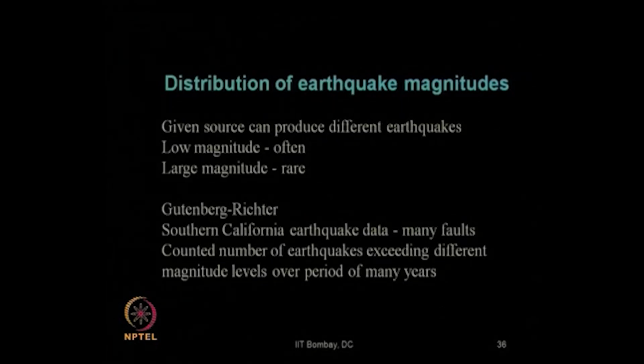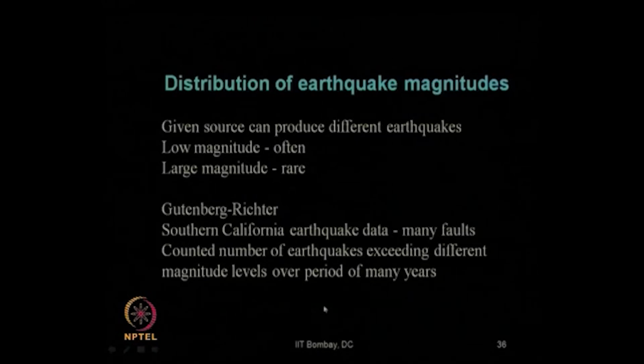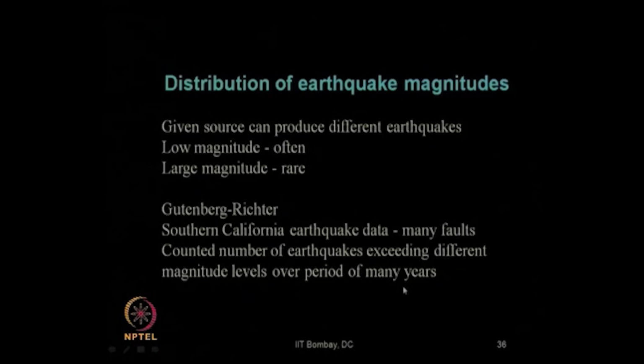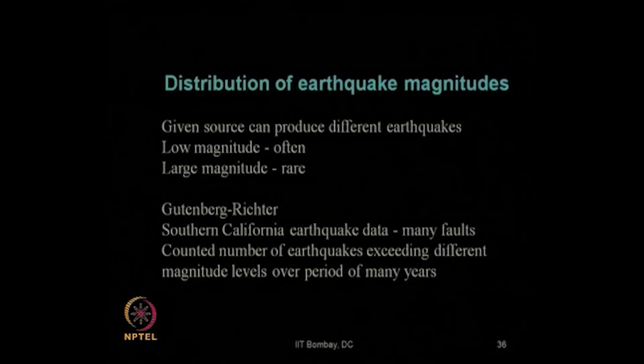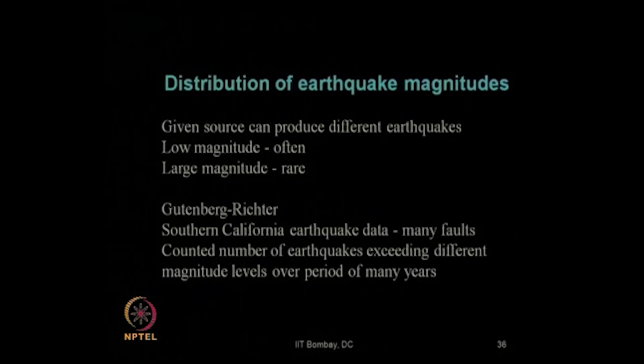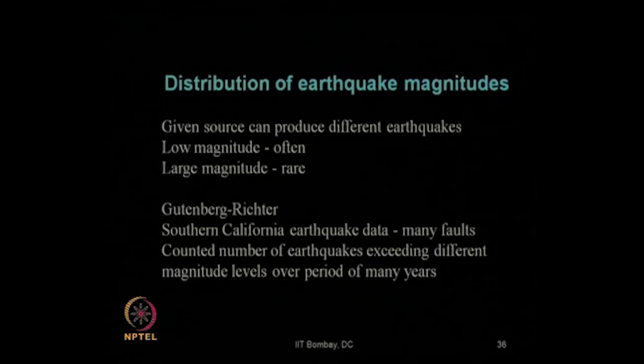So, it is up to you when you are doing the design, and over how many years, whether you consider a 100-year period or a 200-year period of earthquake data. Obviously, if you have authentic data, the more the data, the better the prediction.